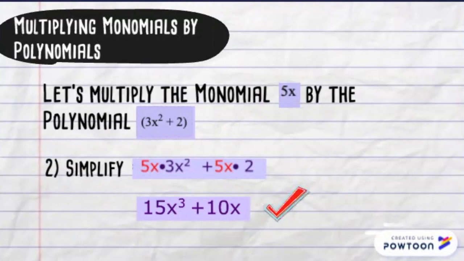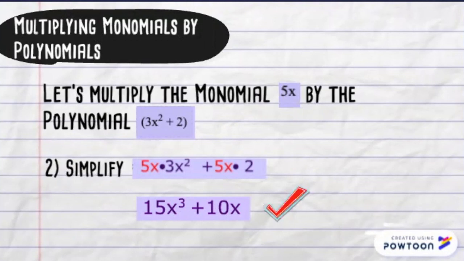You are multiplying the coefficients, so 3 times 5 is 15, and 5 times 2 is 10. And then you are adding the exponents. So x times x squared is x to the third power, and x times 1, because 2 doesn't have a variable, will just be x. And 15x to the third power plus 10x will be your final answer.